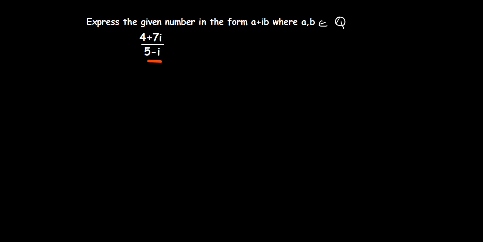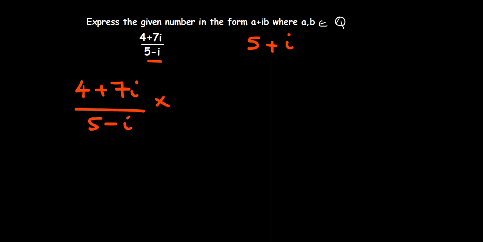The conjugate of 5 minus i is just 5 plus i. So we multiply by that in both the denominator and the numerator. We have 4 plus 7i divided by 5 minus i, then you multiply by 5 plus i divided by 5 plus i.